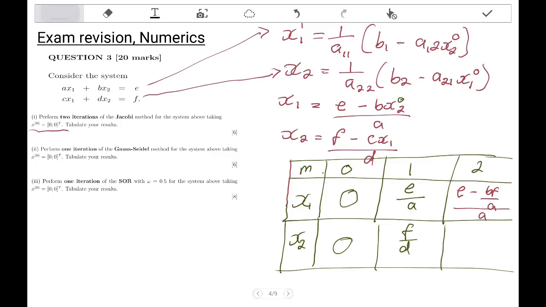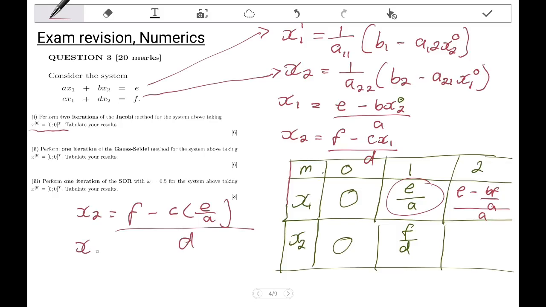So when you calculate the answer for x2, x2 is equal to f minus c open bracket x1. x1 is this. I'm still using the previous one, so it's going to be e over a. And then you divide it by d.